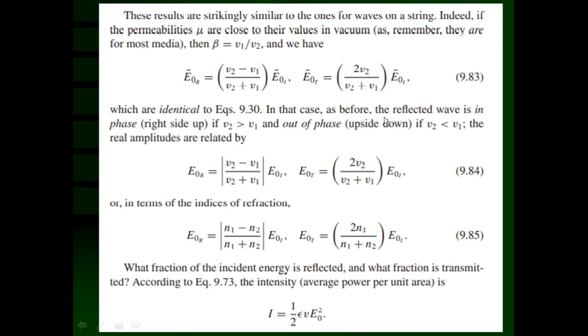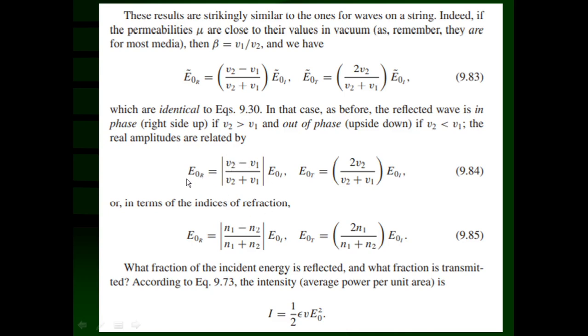In that case, as before, the reflected wave is in phase, right side up, if V2 is greater than V1, and out of phase, with a 180-degree phase shift, upside down, if V2 is less than V1. The real amplitudes are related by this equation. This is written in terms of the modulus, so in terms of the magnitude only.